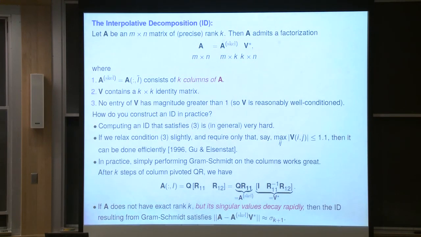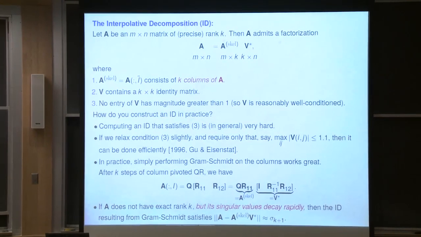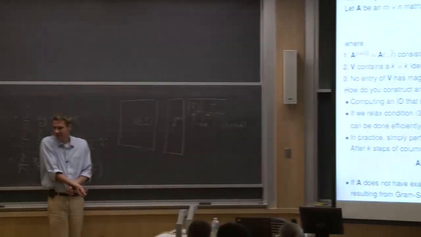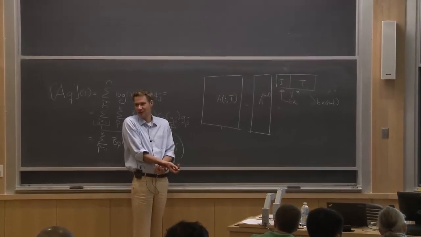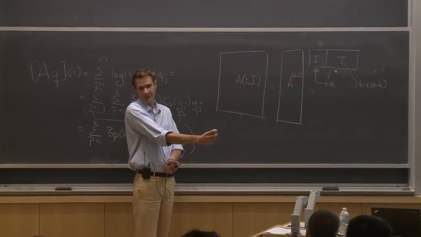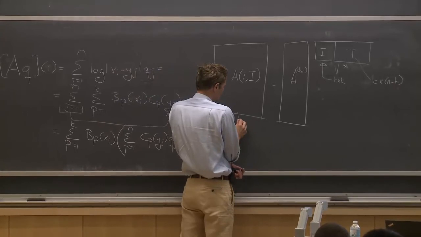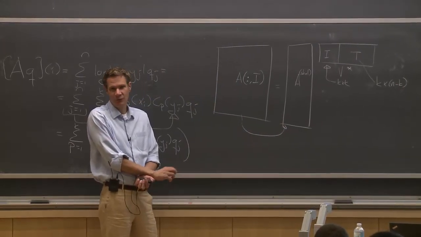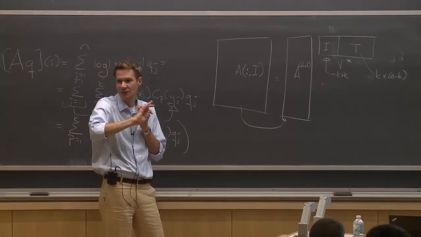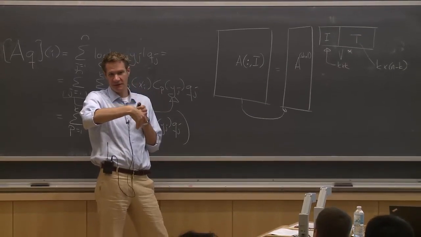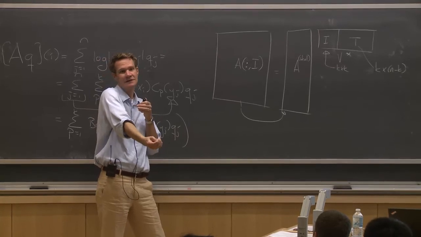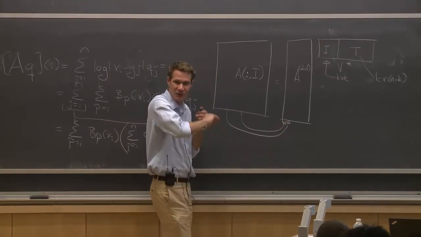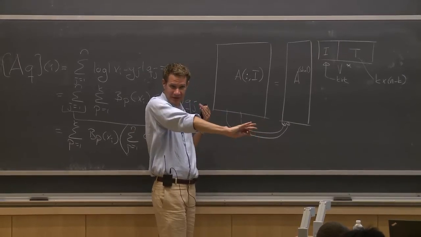Given this matrix A, you just look for the largest column, a very simple greedy algorithm. This will be my first basis vector. Once I pick that, I orthonormalize the remaining columns with respect to the first, then just pick the second largest. Move that one up front. Orthonormalize the remaining ones, and continue.